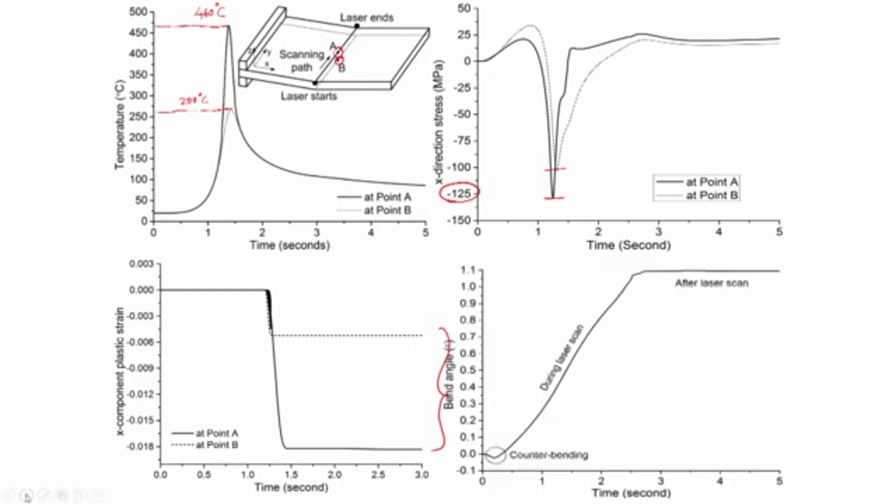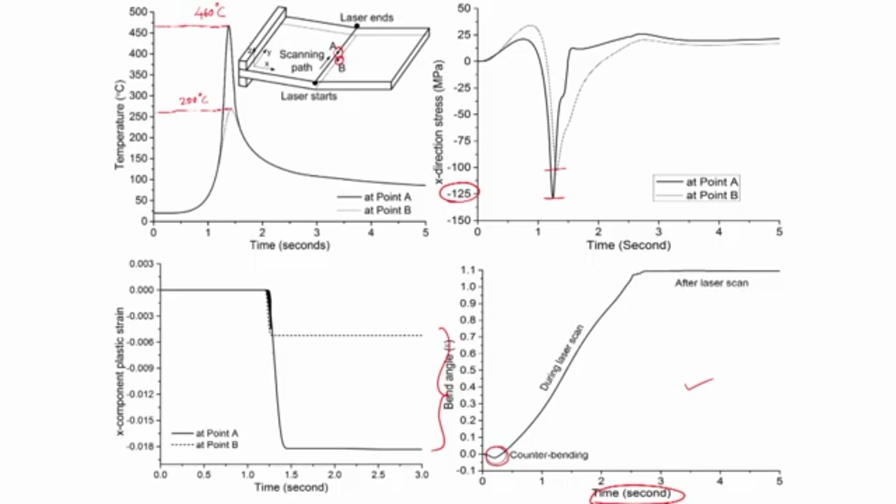So, if you look at this particular diagram, which is plotted against time for the bend angle, we have noticed a counter bending. Counter bending means bending away from the laser beam, and that is for a very short duration. It is just due to the expansion of the fibers on the top surface.